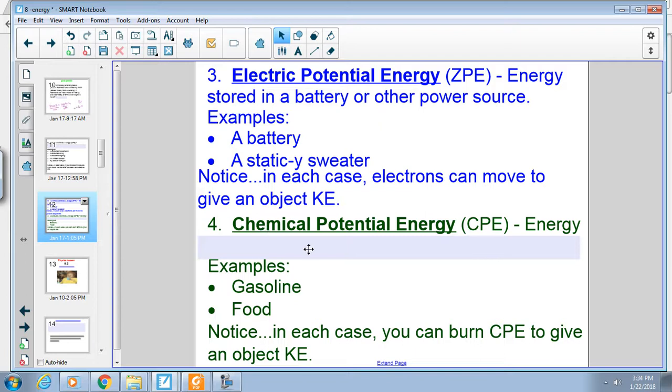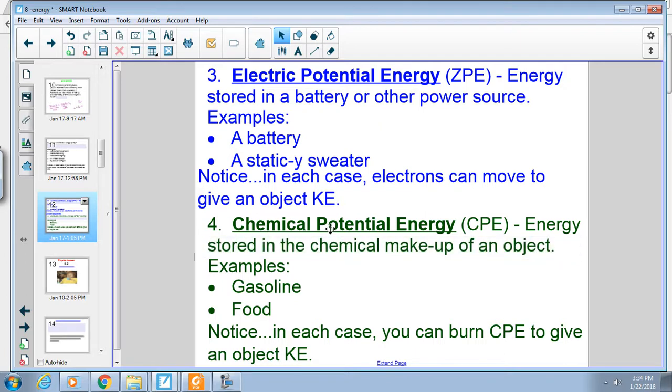And then there's chemical potential energy, which is anything stored in the composition of an object: chemical makeup, gasoline, sugar, anything that can be burned to generate energy or transfer the energy from chemical bonds to something else, like thermal, light or sound. All right, so that wraps up the basics.